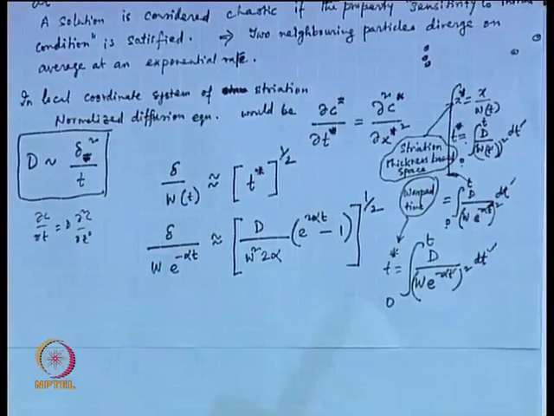One thing you must understand is that I can say two neighboring particles diverge on average at an exponential rate, but how long will they continue? If you look at a dough a baker is preparing, there you are stretching two points, but then the baker has to fold it again. So, if you assume that the distance between them will continue to expand in an exponential manner, it is only up to some time, and then again there would be a folding.